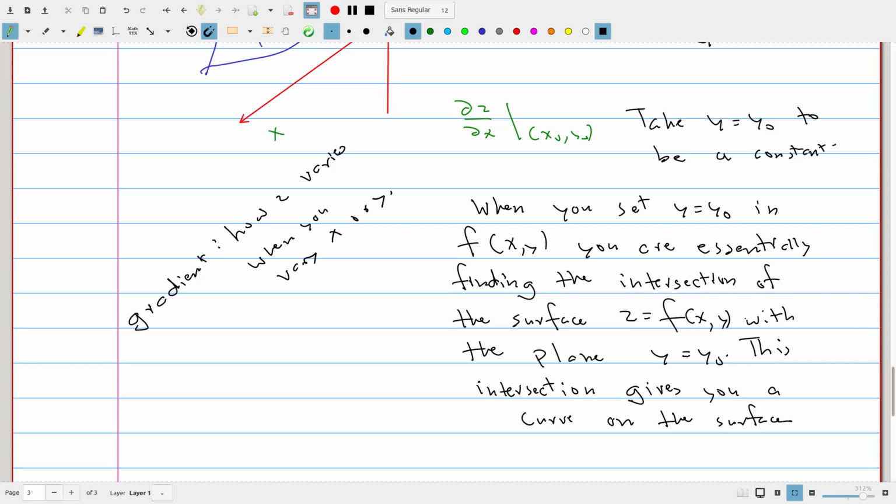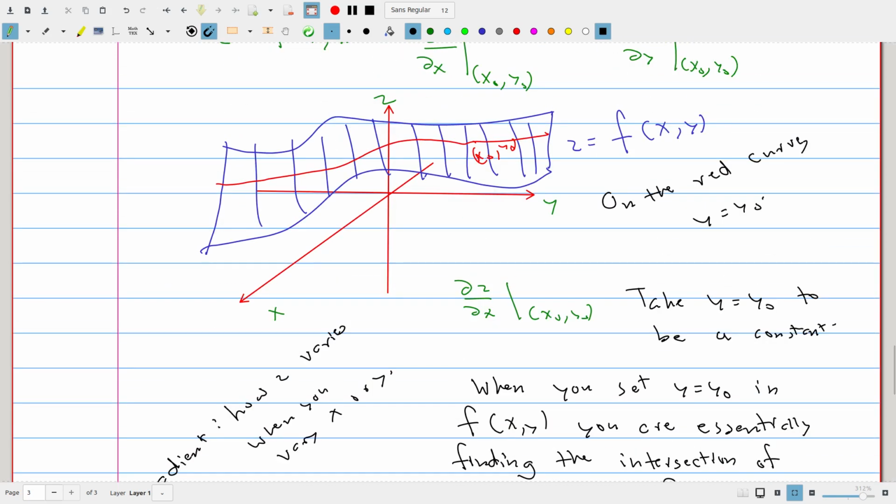So we're essentially finding the gradient of the tangent at x naught, y naught as x is varying. Let's call this tangent t1.